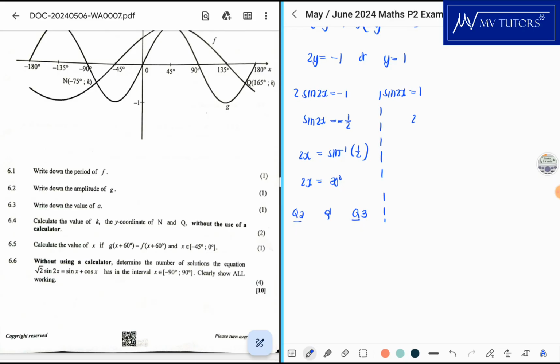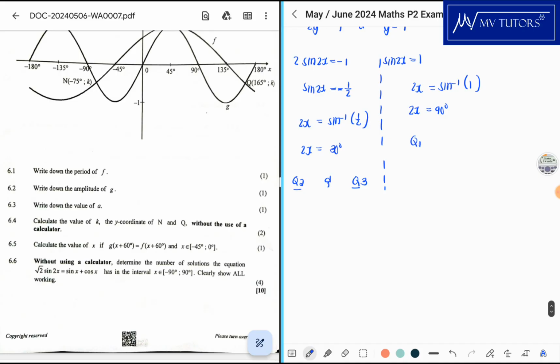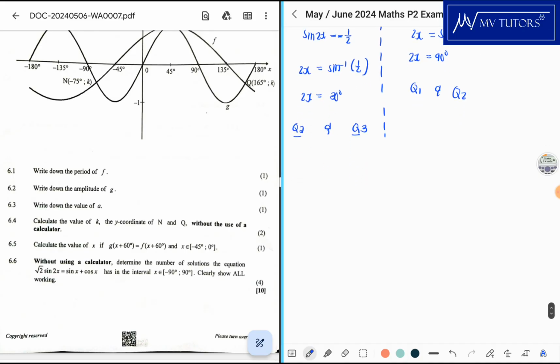So basically we have 2x is equal to arc sine of 1. And if you solve that, you'll find that sine is equal to 1 at 90 degrees. So that is your reference angle. And we're going to be dealing with quadrant 1 and quadrant 2 because that is where sine is positive. So we're going to look at all the quadrants basically. Let's start with quadrant 2.